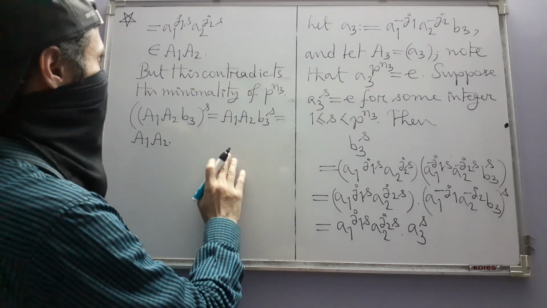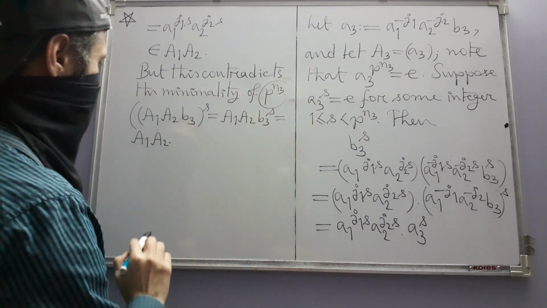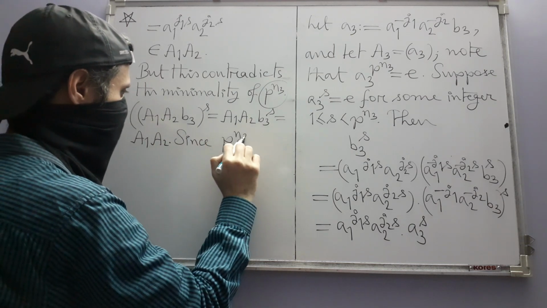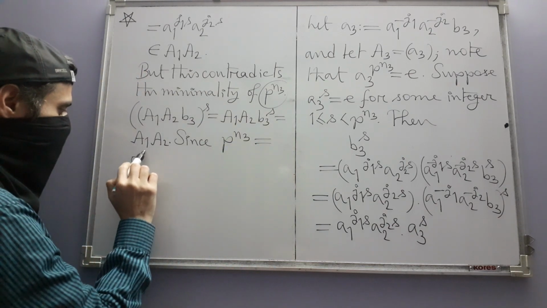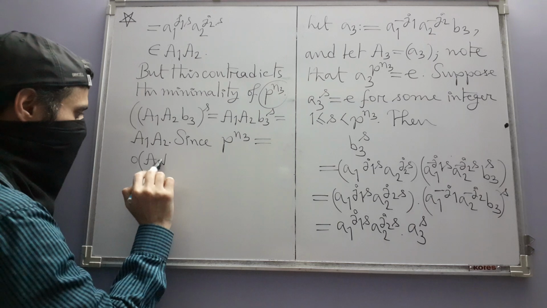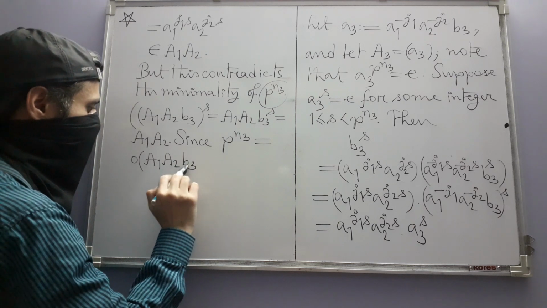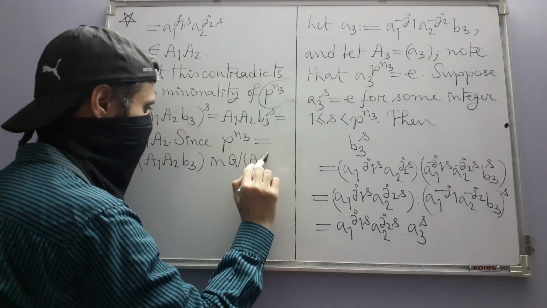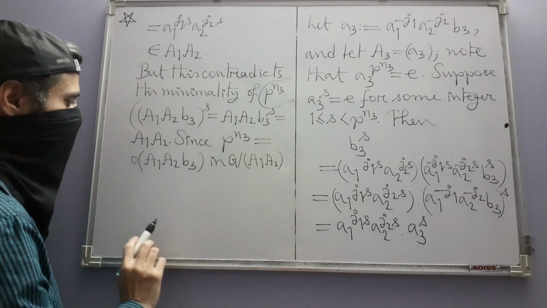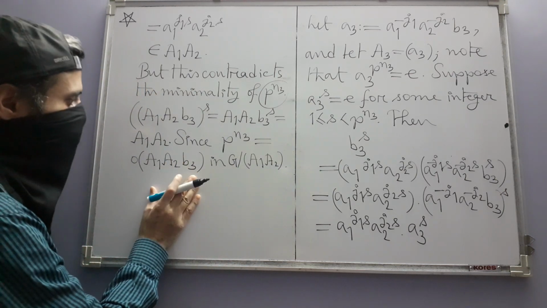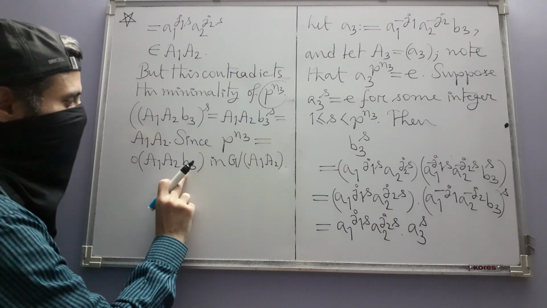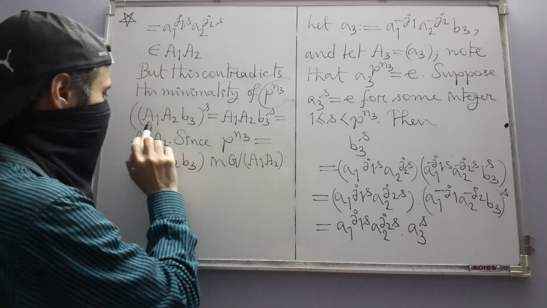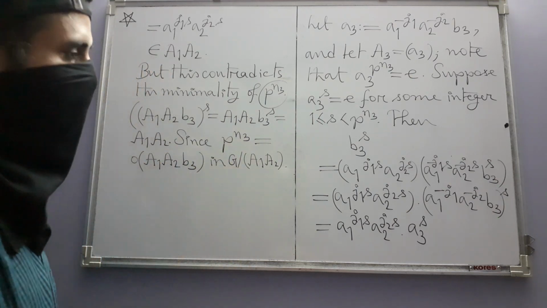However, what is p to the power n3? It is nothing but the order of this element in this quotient group, which means that no positive integral power of this coset where the exponent is smaller than p to the power n3 should give you the identity element ⟨a1, a2⟩ of this group.